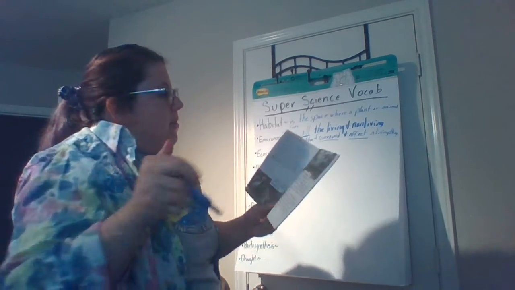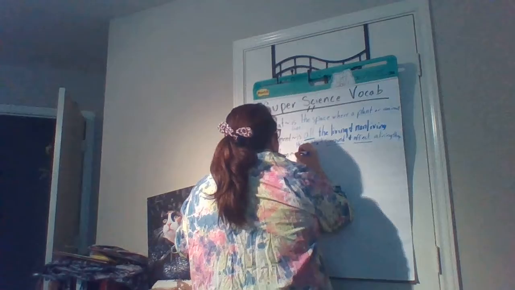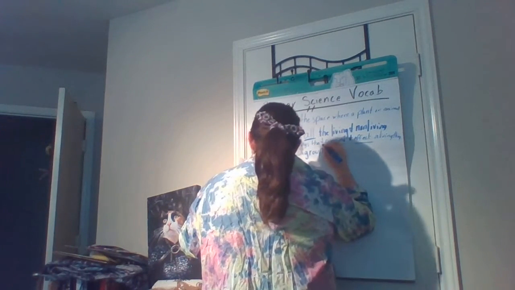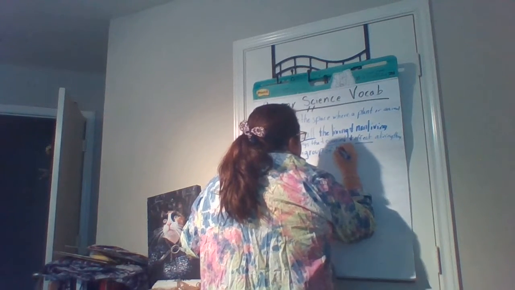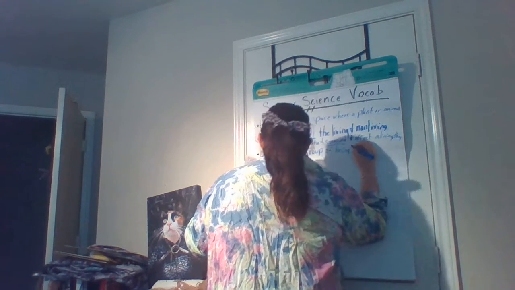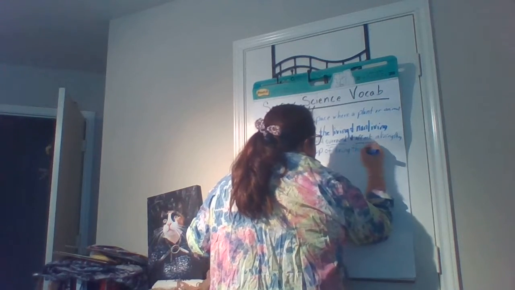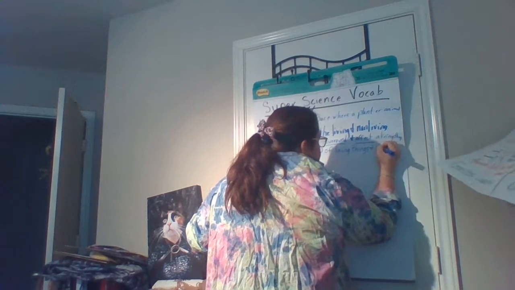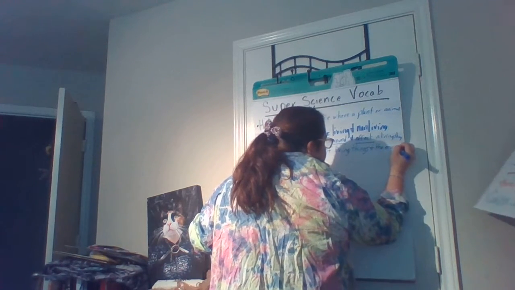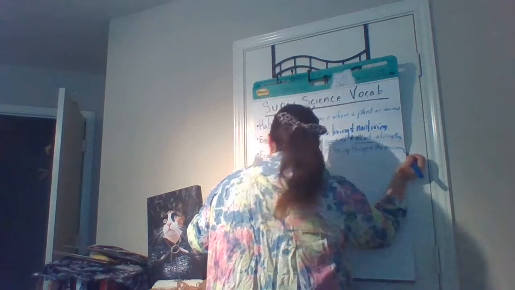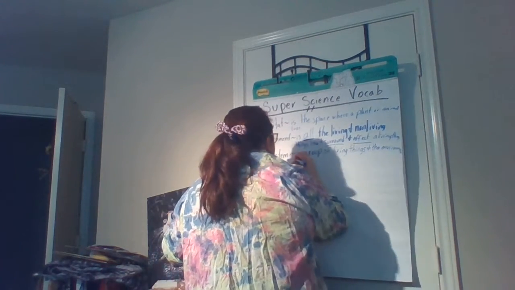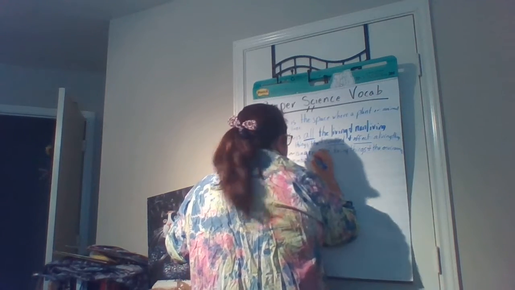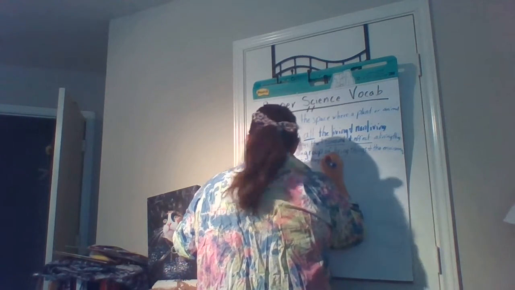An ecosystem is a group of living things and the environment in which they live.